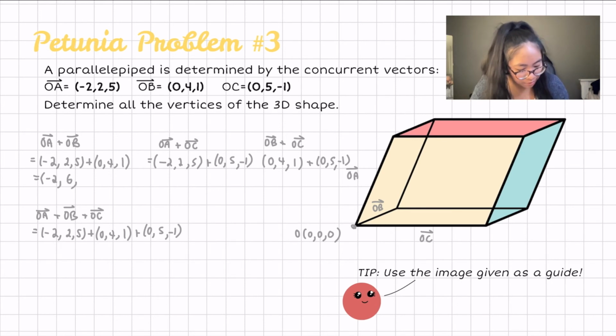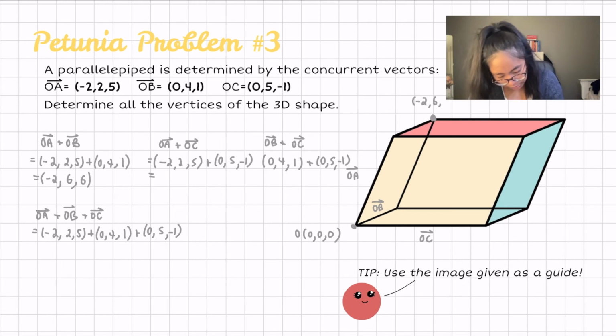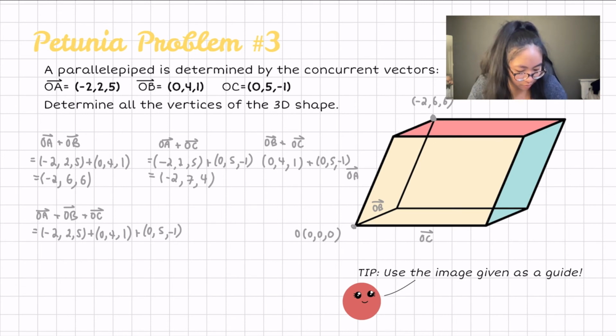And then 5 plus 1 is 6. So that is our first answer for this vertex over here. I'm going to write that actually. -2, 6, and 6. -2 plus 0 is again -2. 2 plus 5 is 7. And 5 plus -1 is 5 minus 1. So that's going to be -2, 7, and 4, which will be this point here.